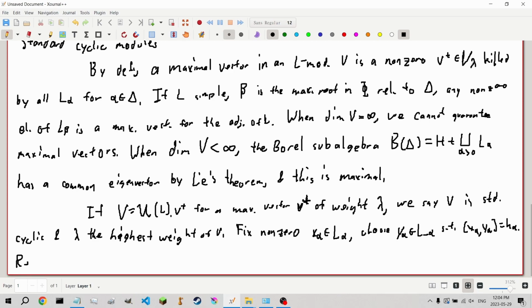Recall the partial ordering: lambda is greater than mu if and only if lambda minus mu is a sum of positive roots.